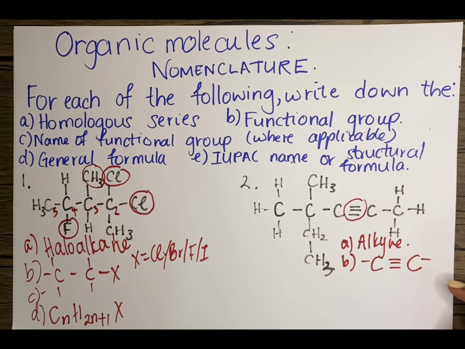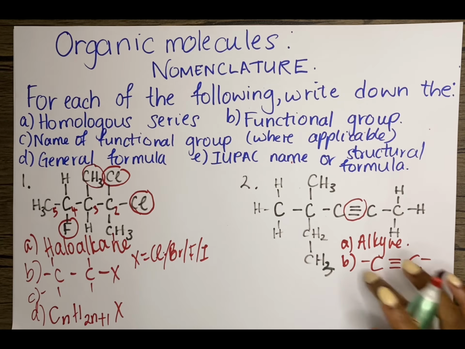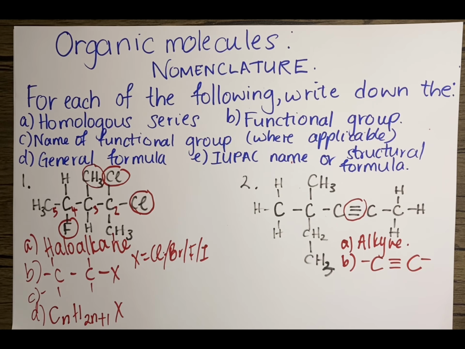And carbons must always have 4 bonds around them. So the other 2 bonds are going to have to be there. That can be anything else, but there must be a triple bond. And then the general formula, if you check here, if for instance I had 2 carbons, you'll notice that these would be 2 hydrogens, right?